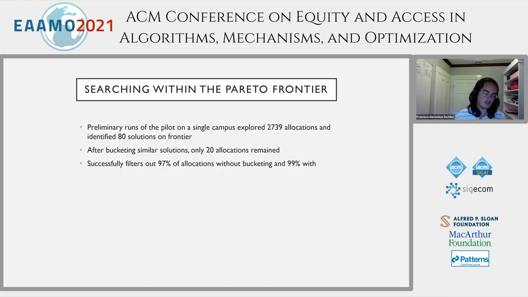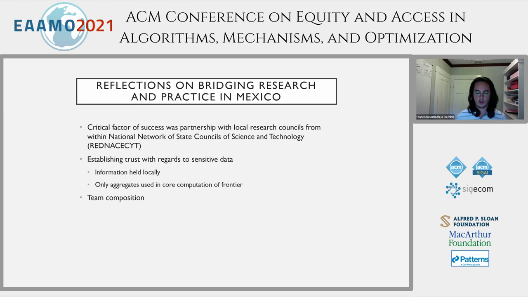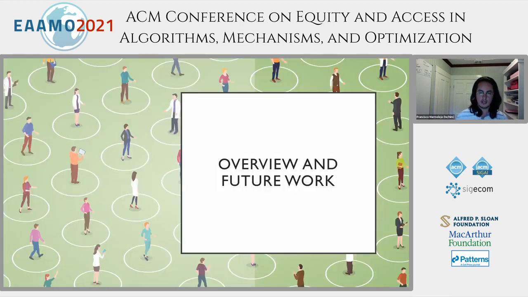And just as an example of the amount of solutions that are filtered, we see roughly 99% of solutions filtered with the bucketing scheme. But a critical factor of success has been working with local research councils. We've established trust with this sensitive data, and our team composition has really helped push this project forward.